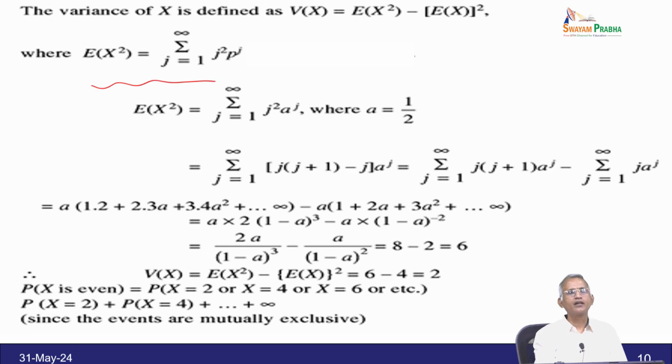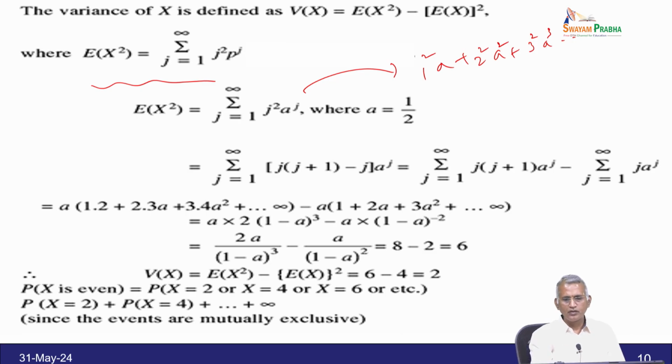You know j square. So, see this expansion is 1 square into a, and then 2 square into a square plus 3 square into a cube and so on will come.